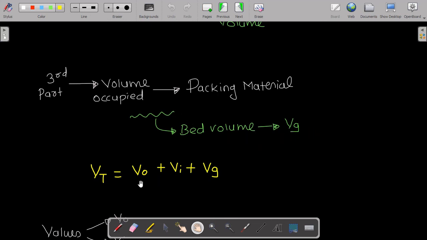So Vt, the total volume, is equal to void volume V0 plus internal volume Vi plus the bed volume Vg. This is how you get the total volume of the column that you are using in size exclusion chromatography.